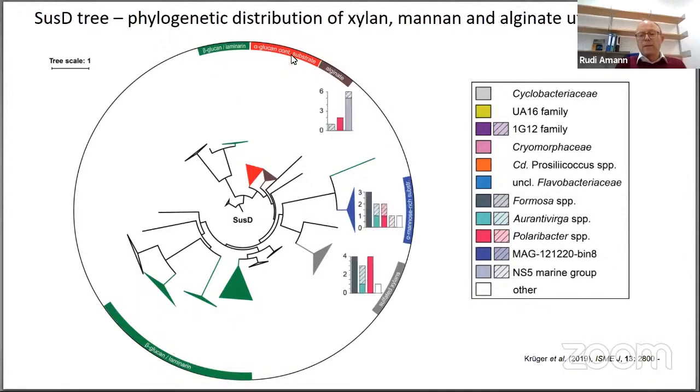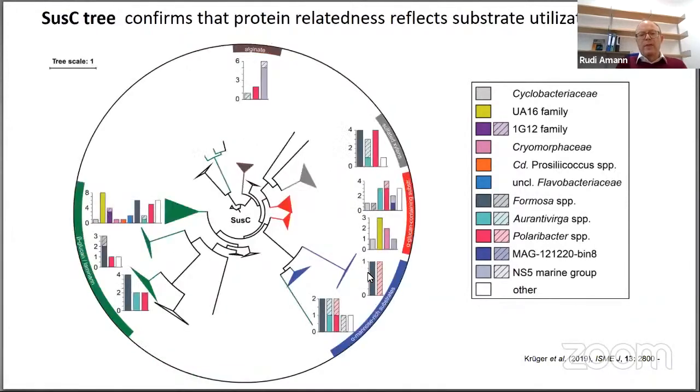In contrast, if we look for the more complex ones, like let's say mannans, sulfated xylans, or alginate, only a few can use them. In this particular case, the Formosas, Aurantivirgas, and Polaribacters in particular can use those substrates as well. As a summary, you could more or less say the SusC confirms the SusD finding.